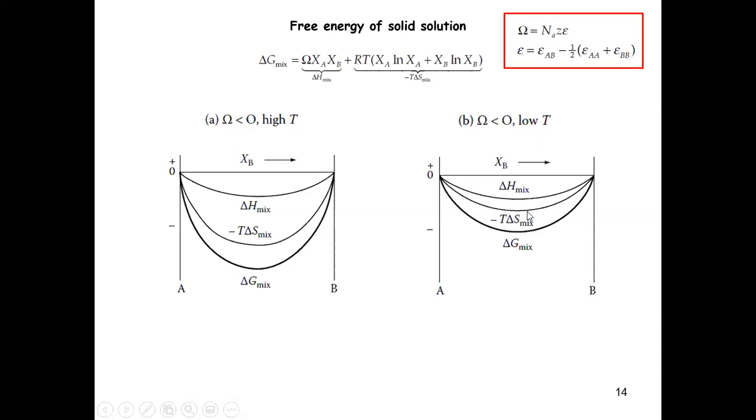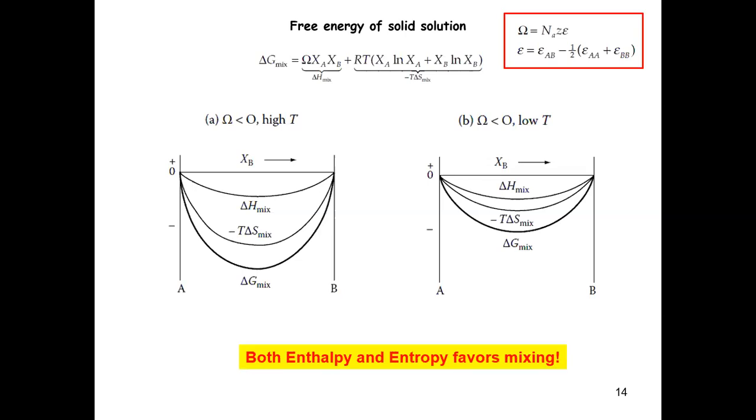So the curve of delta S mix comes up here, but altogether it's still going to add up to a very negative delta G mix. It may not be as negative as this one, but still it favors mixing, even at low temperature. Does this make sense to everyone? Yeah, it's quite straightforward. So both entropy and enthalpy favor mixing. So clearly your system is going to be in a very happy state in a mixing state.